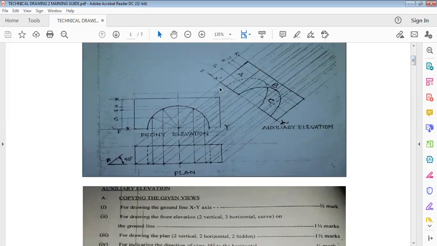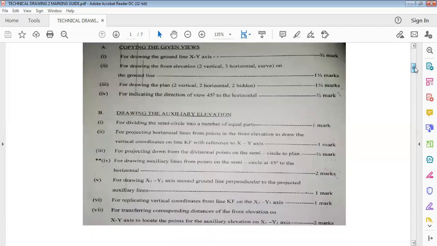This line must be drawn perpendicular to these auxiliary lines, so X1, Y1 must be at right angle to them.